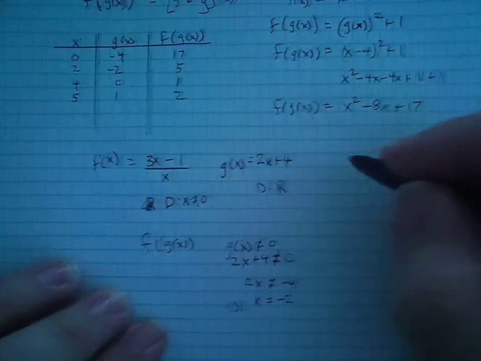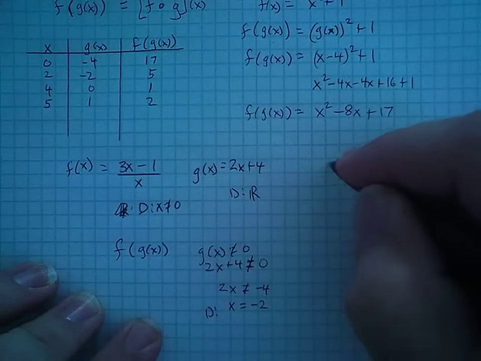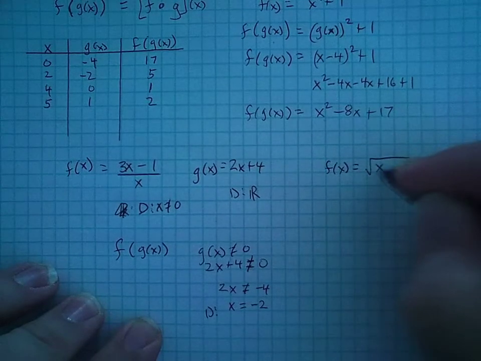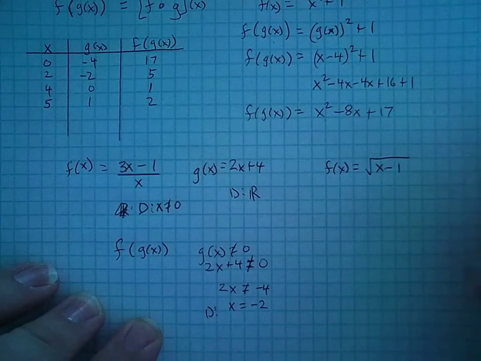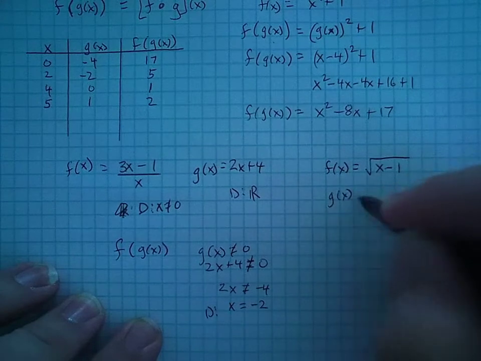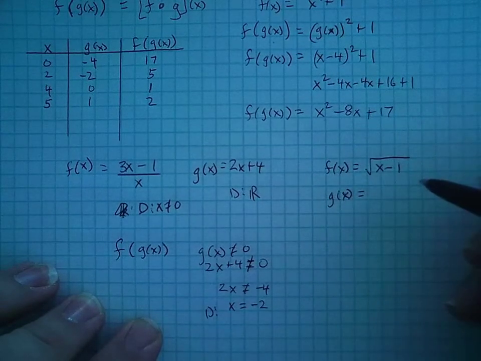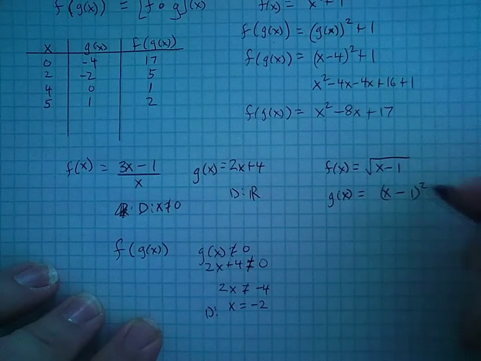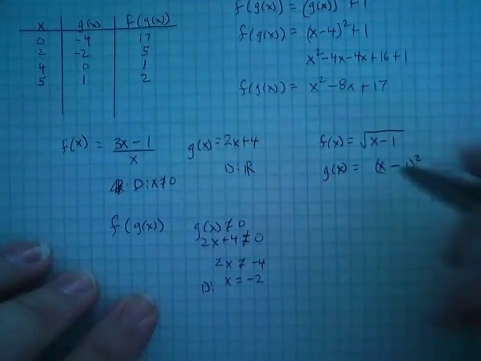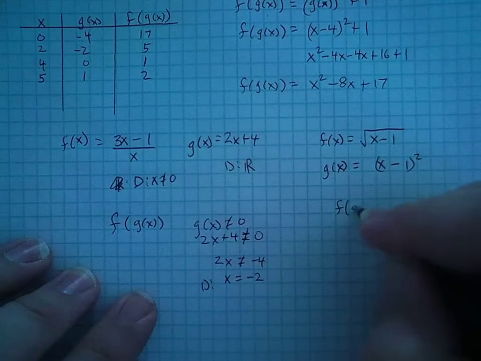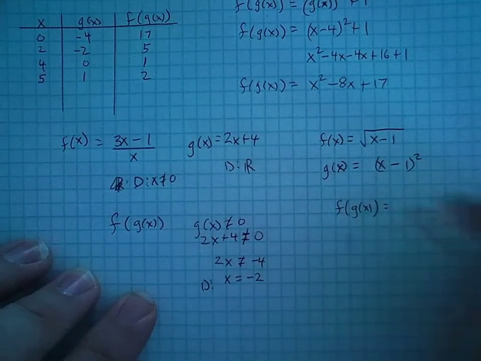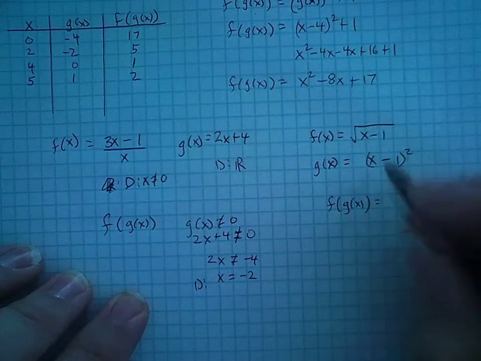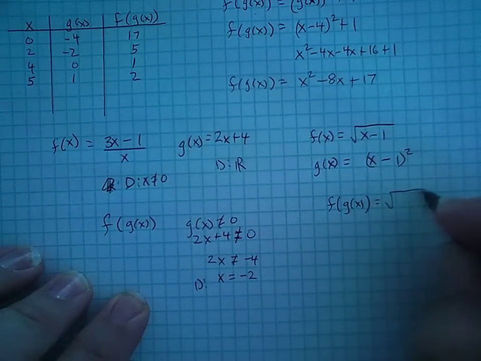Let's do one slightly more complicated. So if I propose a new f of x as the square root of x minus 1, and then g of x is equal to x minus 1 squared, then when I make f of g of x, I'm going to take this x minus 1 squared and stick it in here for x.